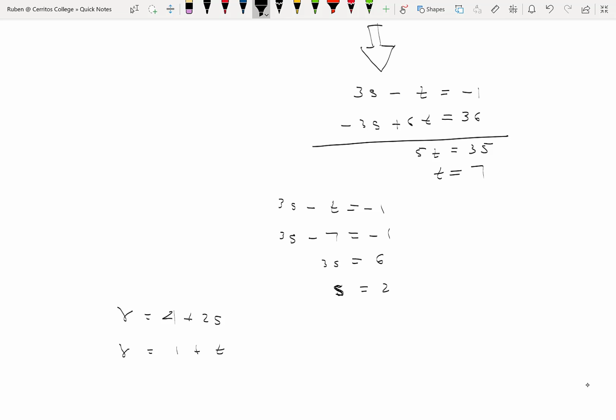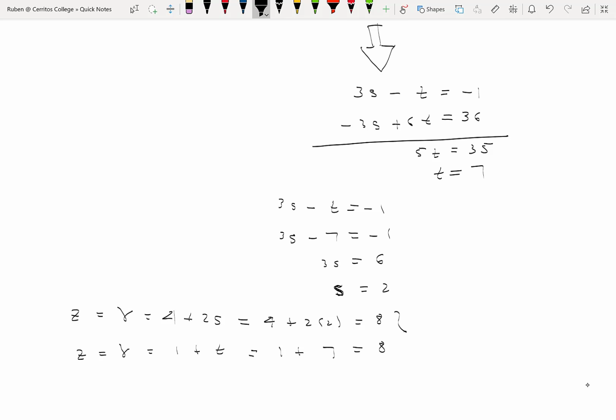I know that the x and the y on the two flight paths of these airplanes match up, but they could match up at different altitudes, at different z values. So I'm going to substitute s equals 2 to get 8. So the z value is 8 on the first line, and on the second line, the z value is 1 plus t, which is 8.